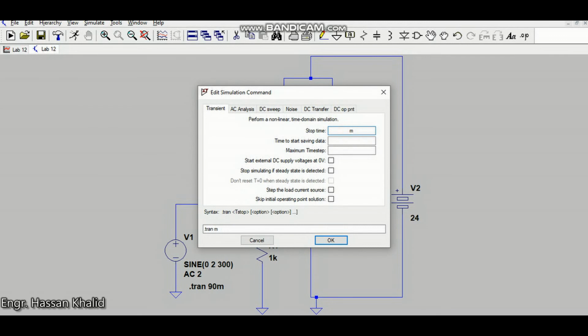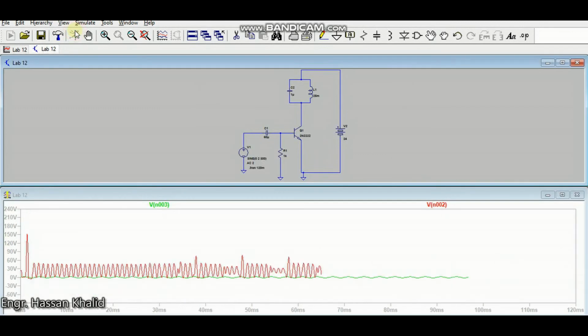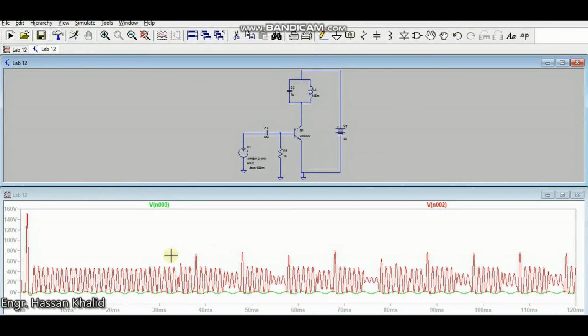Let's say 120 milliseconds and simulate it once again. Okay, fine. So this means that the outputs are having several jumps in it. You can easily see, first, that the frequency is doubled.